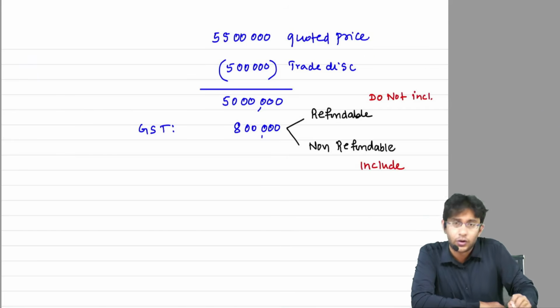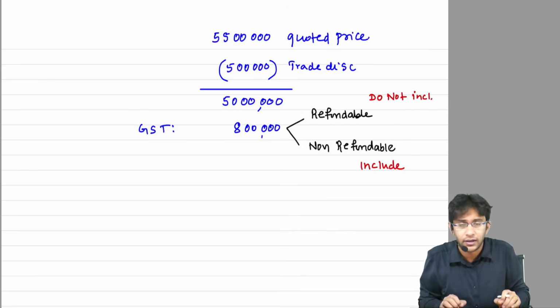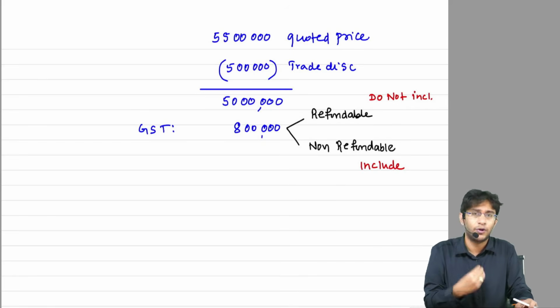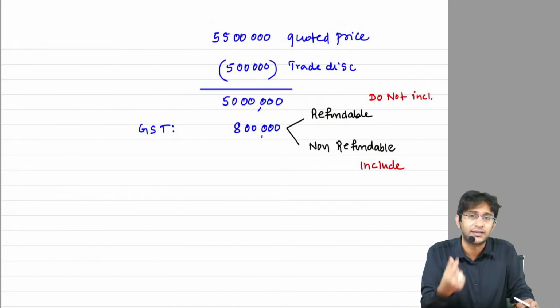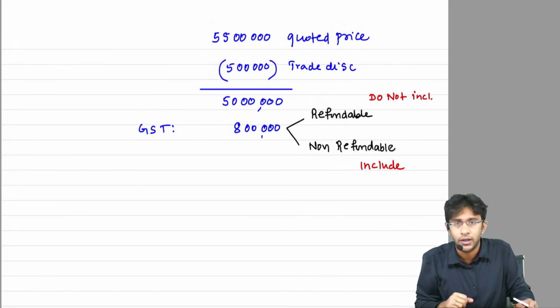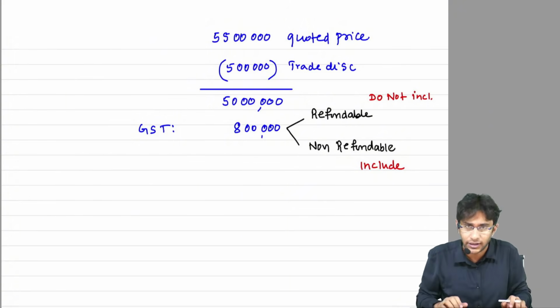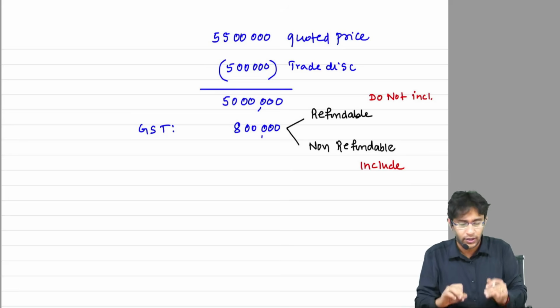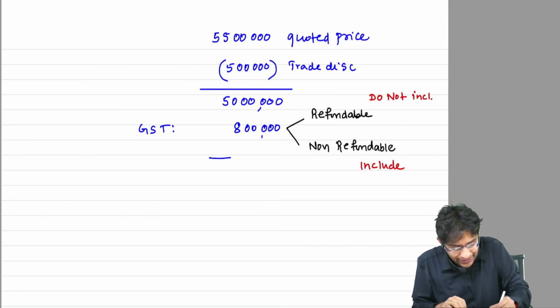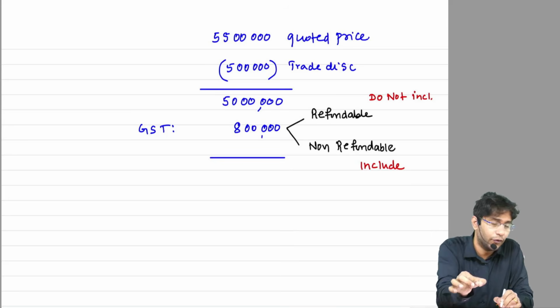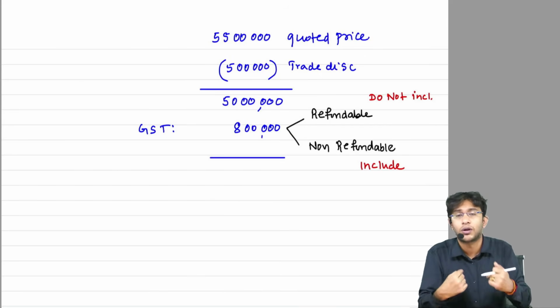That means you are not getting any input GST credit, or assume that whatever tax you are paying is not GST, it's something like a customs duty on import of machinery. Nobody will give you any credit for customs duty. So whatever you have paid, that's cost only. Now, here I am paying 8 lakhs. Definitely it's my cash outflow, but is it my cost or not, you have to check.